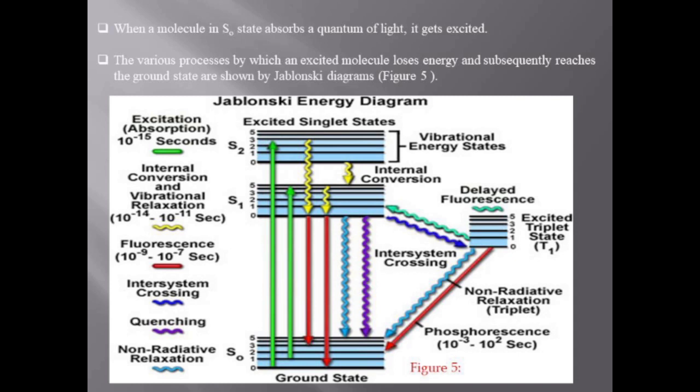If it comes back from S1 to the ground state, it is known as fluorescence. And if it changes spin to the triplet state and goes back to the ground state, it is known as phosphorescence. Within the excited state there is some internal vibration, known as internal conversion, and similarly for the triplet state there may also be internal conversion. These are non-radiative processes.